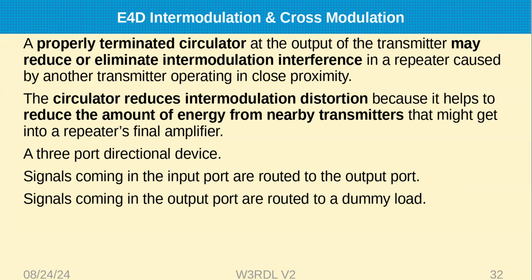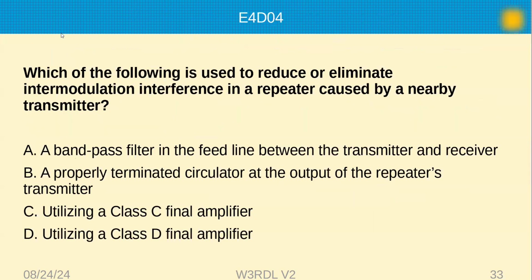So it's essentially a 3-port device where one of the ports is the antenna and the other two are the input and output of the repeater. So which of the following is used to reduce or eliminate intermodulation interference in a repeater caused by a nearby transmitter?